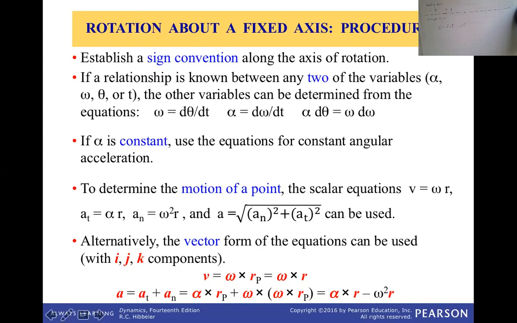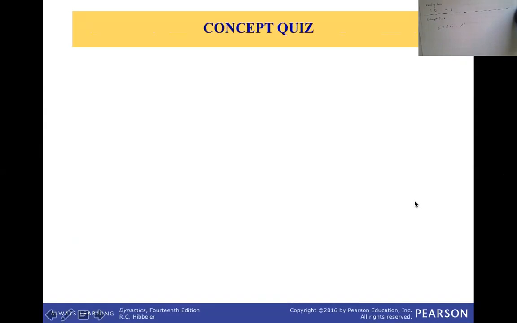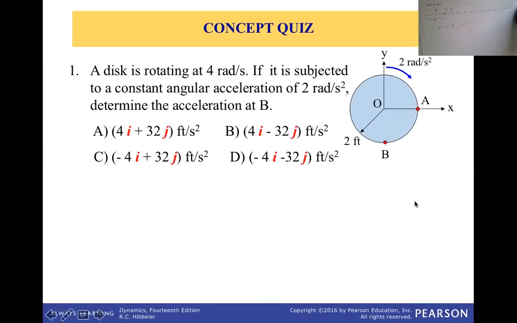That's the equation you want to apply here. It says rotating at 4, and this is clockwise. So the acceleration at this point B, you'll be looking at the tangential component, which is this one, and the normal direction will be this one.